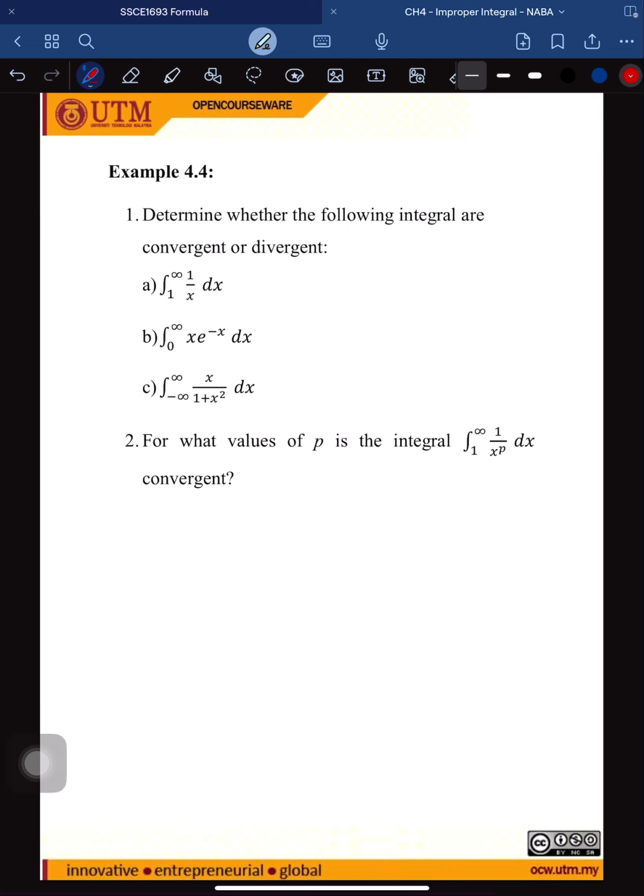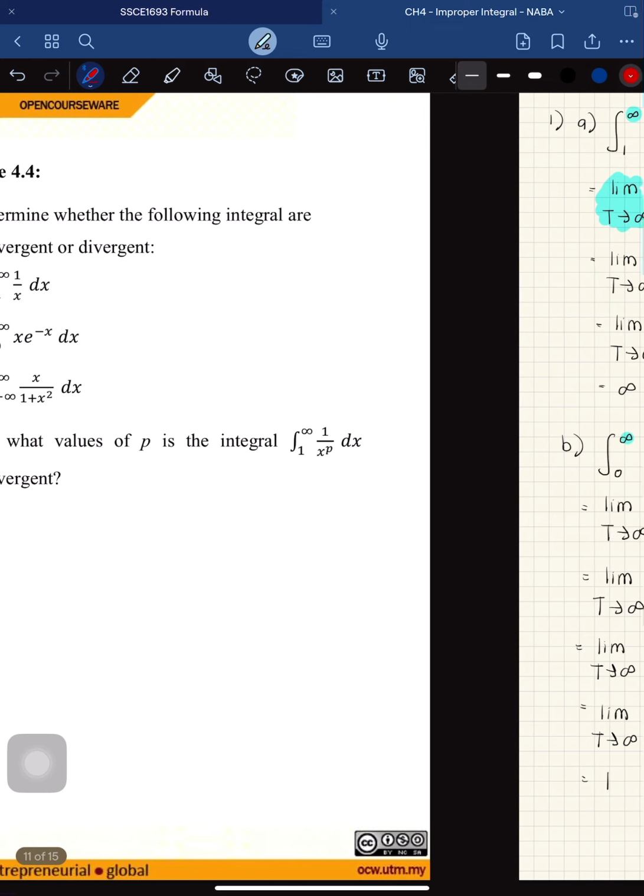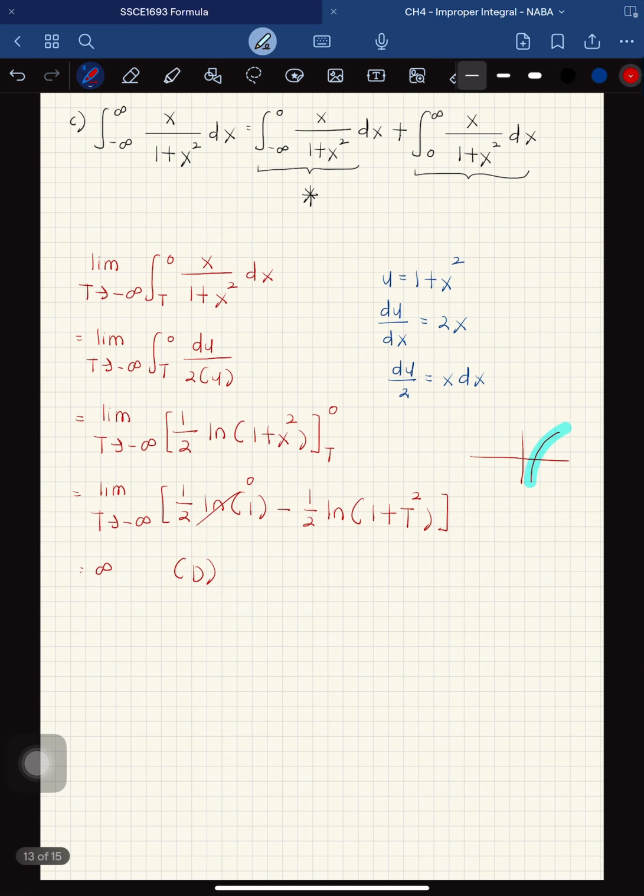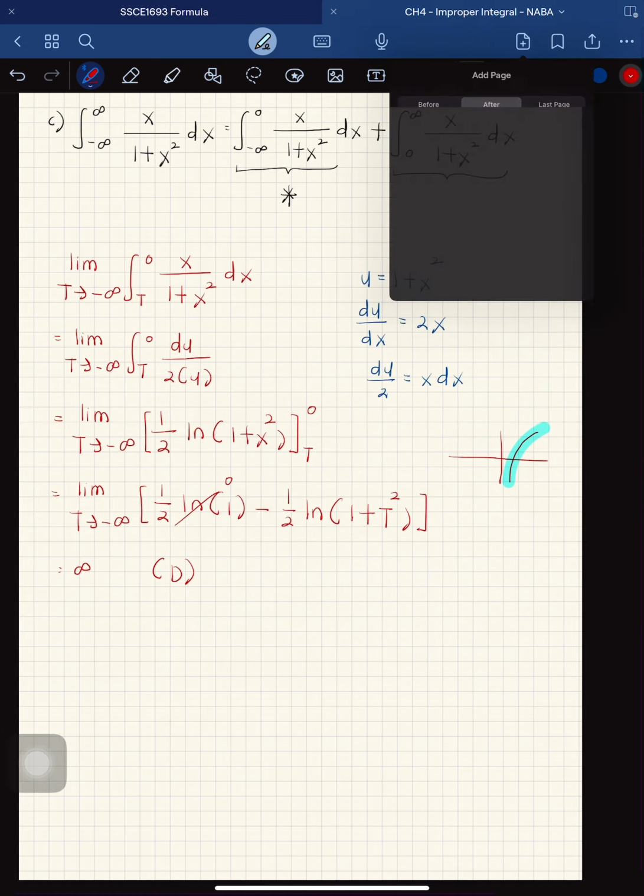And then question number 2: for what values of p is the integral convergent? The integral from 1 to infinity of 1 over x to the power of p dx.